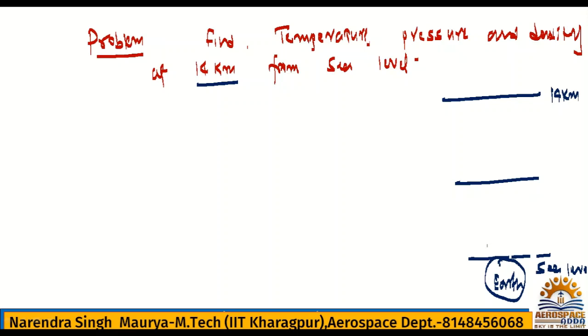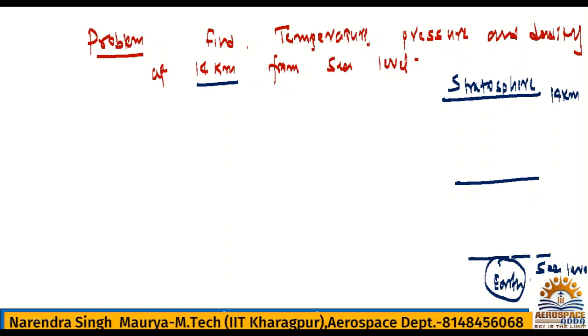Directly you cannot go for the calculation at 14 kilometer because you don't have any single formula. Two zones you have, troposphere and stratosphere. For the troposphere zone you have a separate formula, and for the stratosphere you have a separate formula. So this 14 kilometer is in the stratosphere. Yes or no? Because more than 11 kilometer will come into the stratosphere zone.